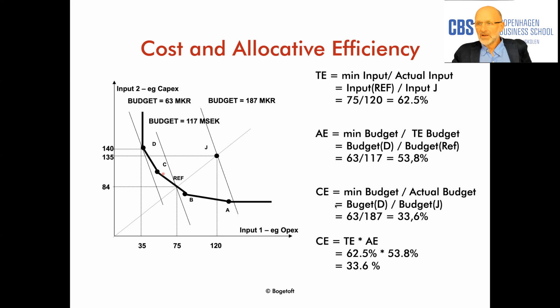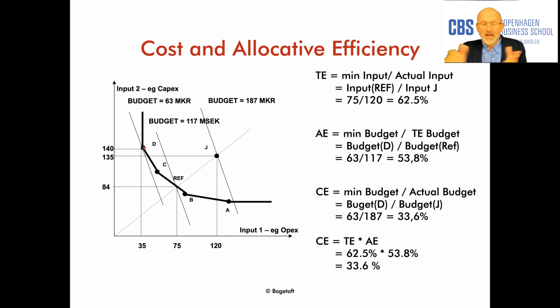So if you look at this, you can see that the cost efficiency, the minimal cost divided by the cost of this point here, is equal to the technical efficiency, which you get from Farrell by moving from here to here, multiplied by the allocative efficiency, which is the cost gains you get from moving from this point to this point here, or from this point to this point over here.